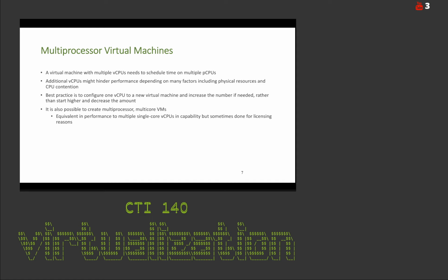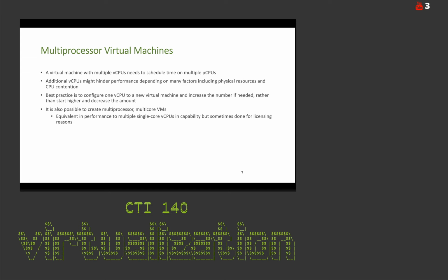That's that contention again that we talked about at the start of this class. When you get that contention, it hinders performance. So the best practice then is to configure one virtual CPU to a new virtual machine and then increase the number if you need to, rather than start higher and go backwards.